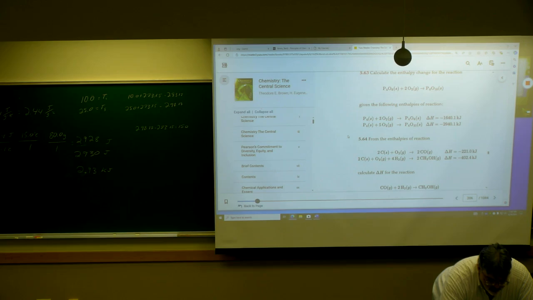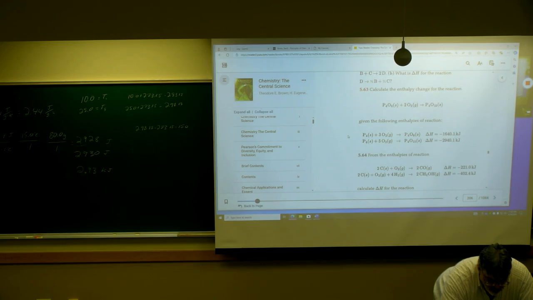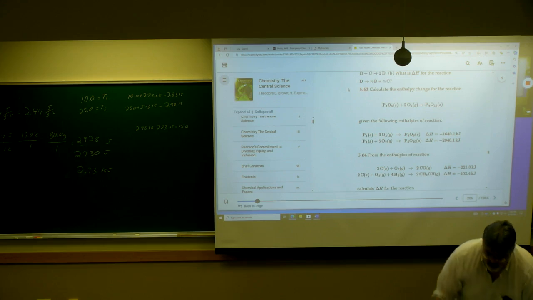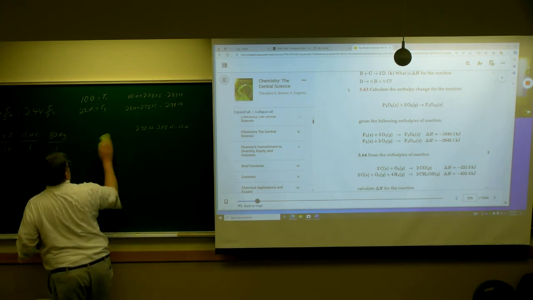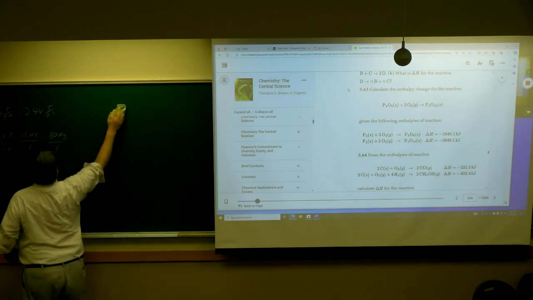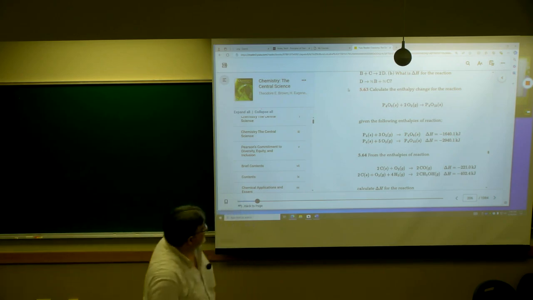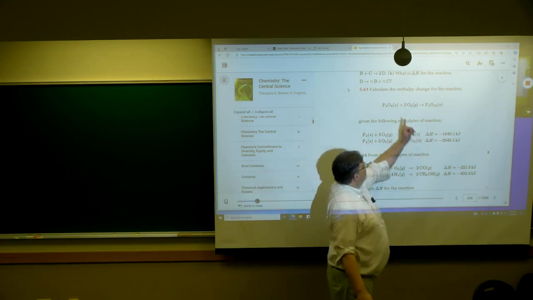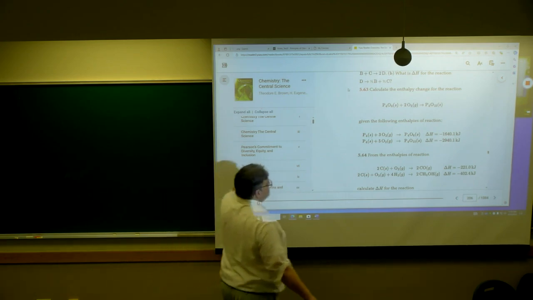So these, we did that one. I would have done 5.64, but I'll do 5.63 here. Do y'all remember how to do these? So this is Hess's law, where he used different chemical reactions to find the delta H for one. So we're trying to find the delta H for this one by using these. So the process is like this.